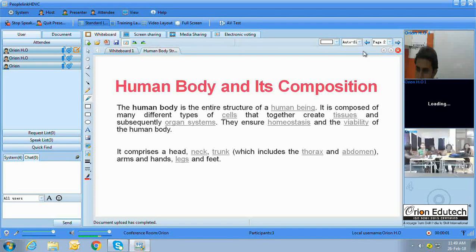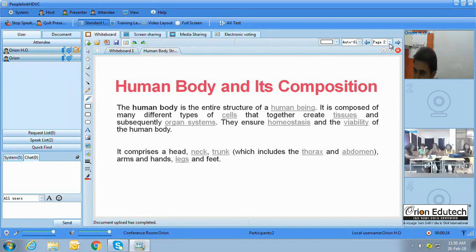Still loading. It's visible now? Can you hear me?